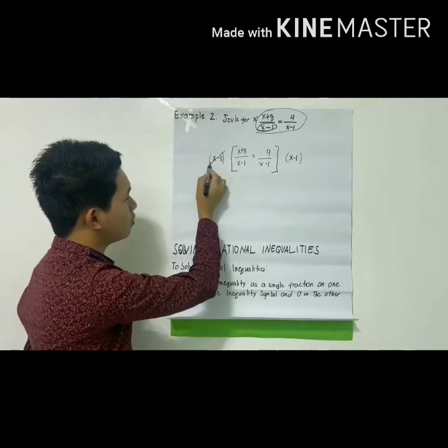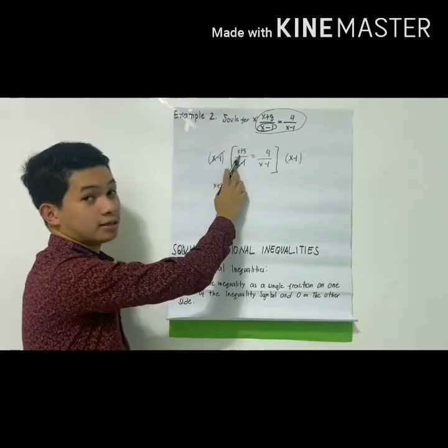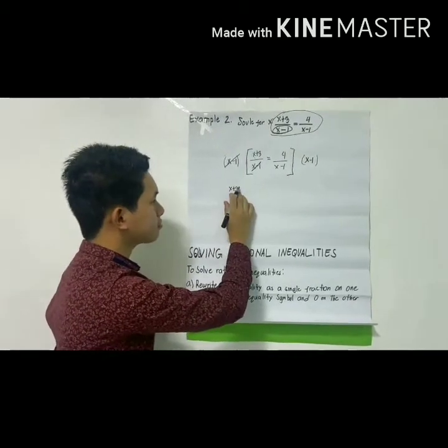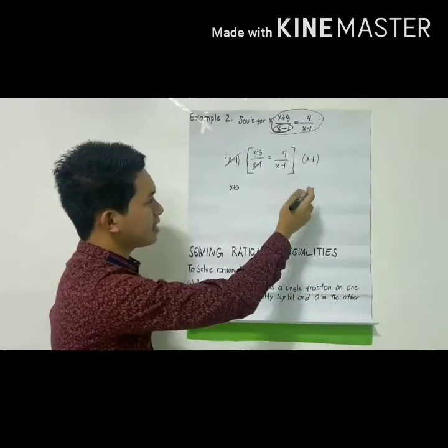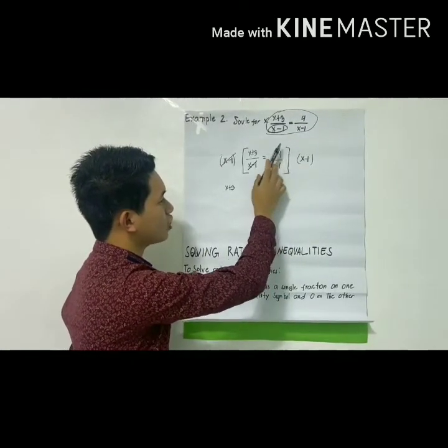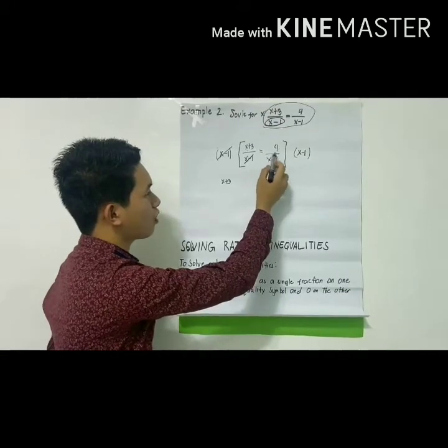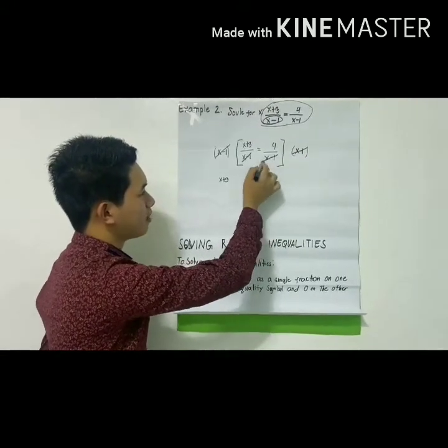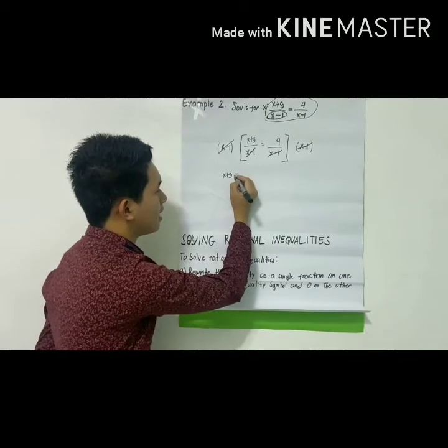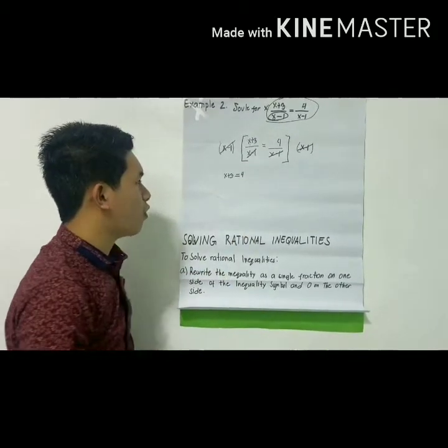Kasi makakancel yung x minus 1. So ang natira lang is ang x plus 3. Then sa right side na naman, si x minus 1 multiply natin into 4, i-divide sa x minus 1 is equal to 4 kasi makakancel din yung x minus 1 natin. So ang natira lang is equal to 4.